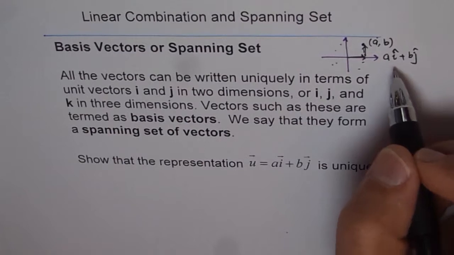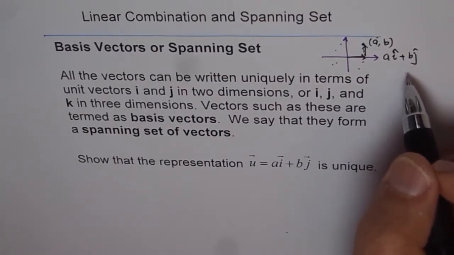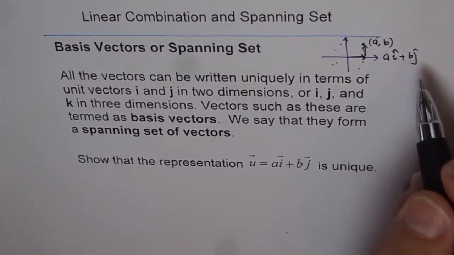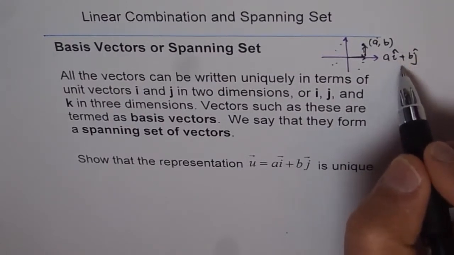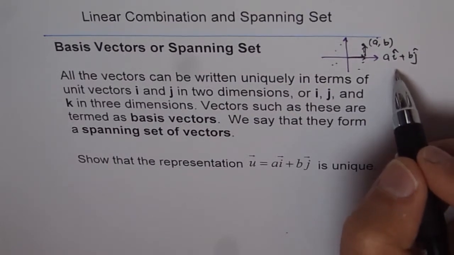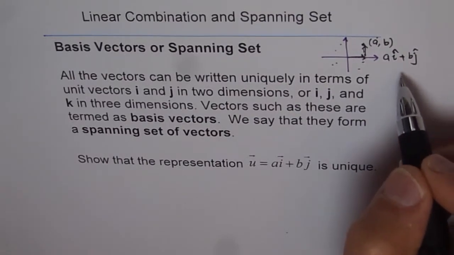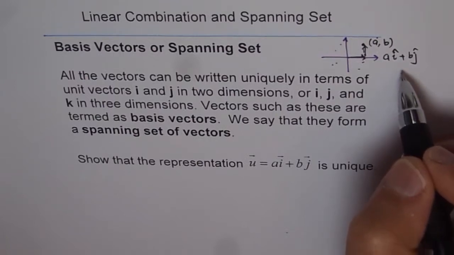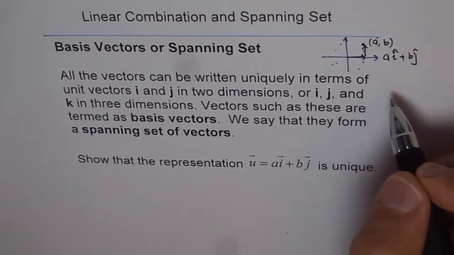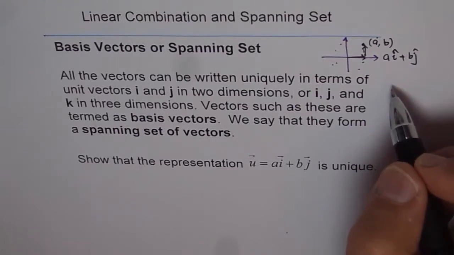Since it can be written in this fashion, we say that unit vectors i and j form a set which spans R2. Similarly, in R3, i, j and k form a spanning set.